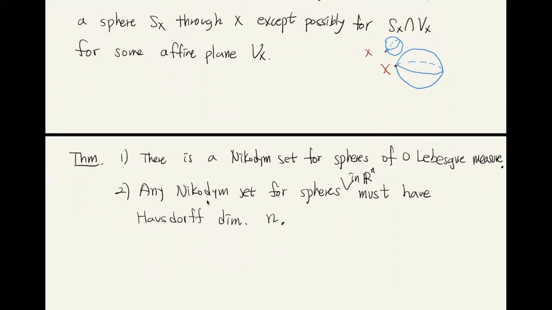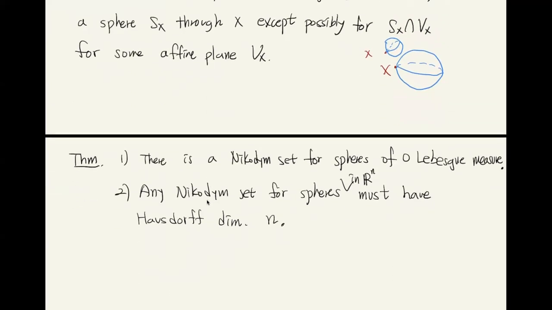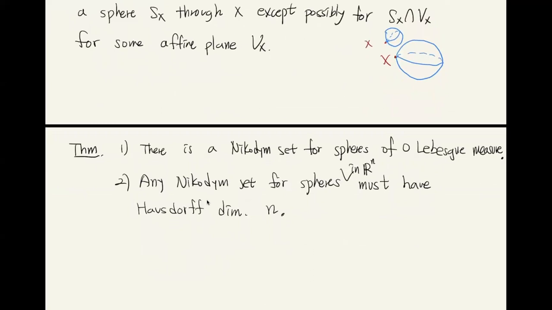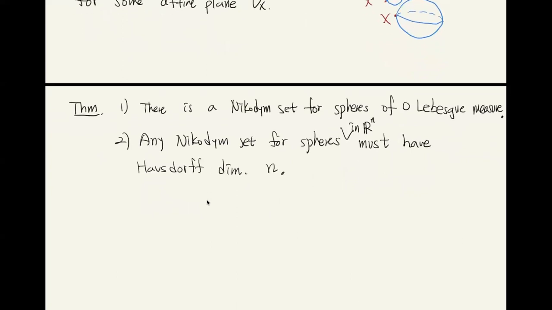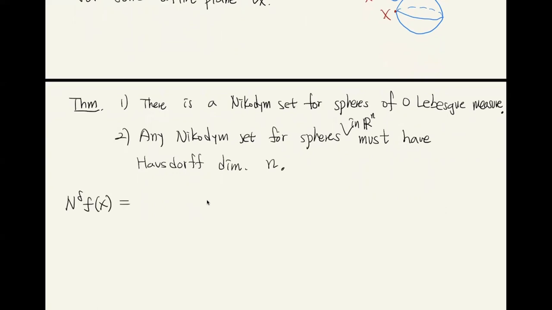And for the second statement, we consider this maximal function M delta. Here, delta represents some small real number. So this is defined by average.